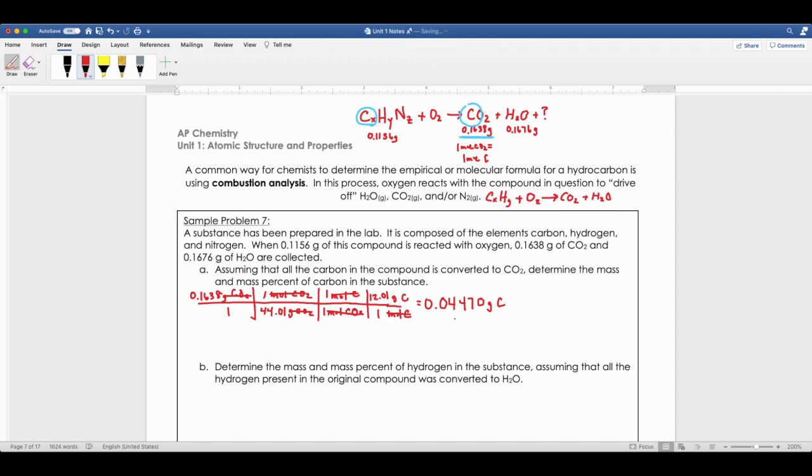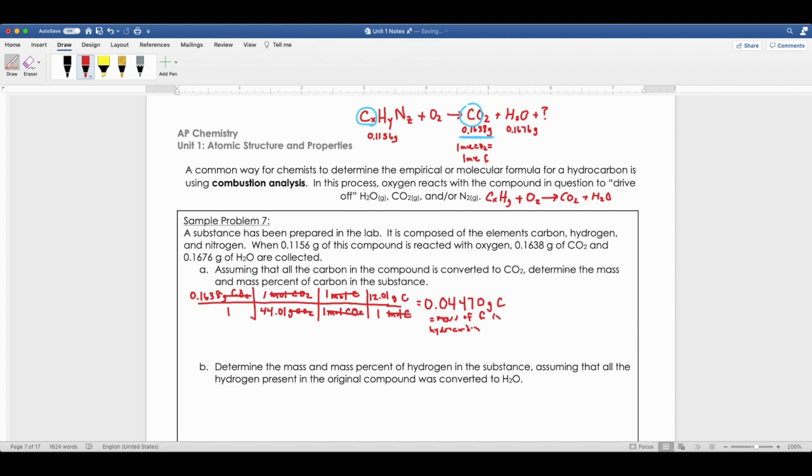So we know that this must be equal to the mass of carbon in the hydrocarbon, which is going to help us determine the empirical formula.